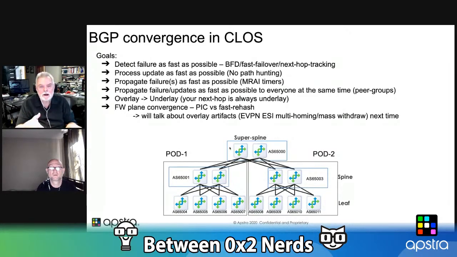For BGP in the data center, one of the typical recommendations you get is to set the hold and keep alive timers a lot lower than what they usually come by default.